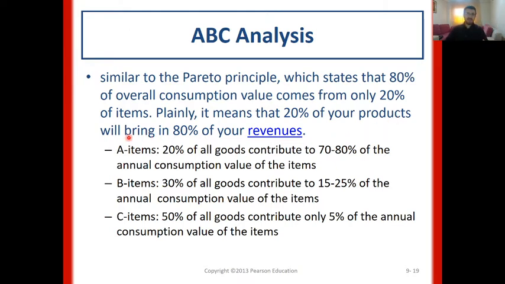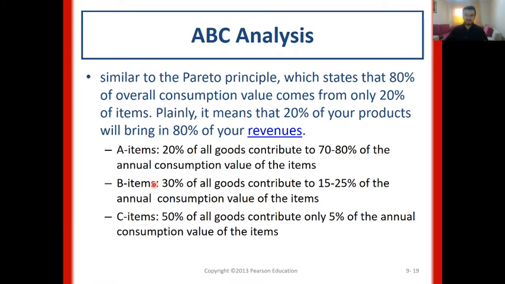So A items are the items that are sold frequently or that generate more revenue than others. Typically A items account for 20% of all the goods you have, and that contributes 70 to 80% of the annual consumption value, annual income of the items.